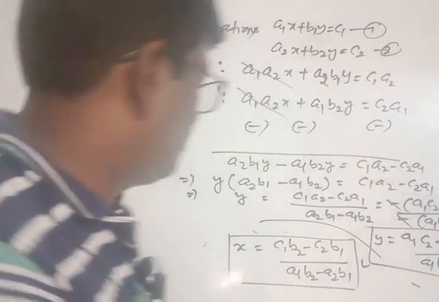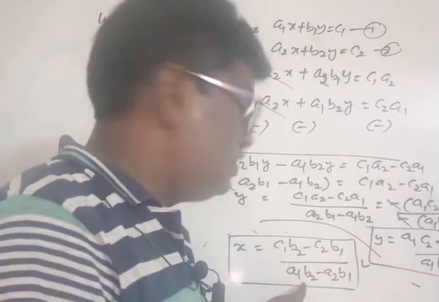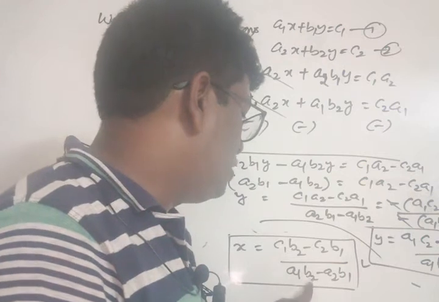In both cases, x and y, the denominator is a1 b2 minus a2 b1.